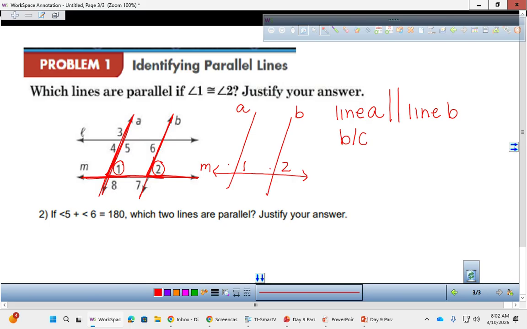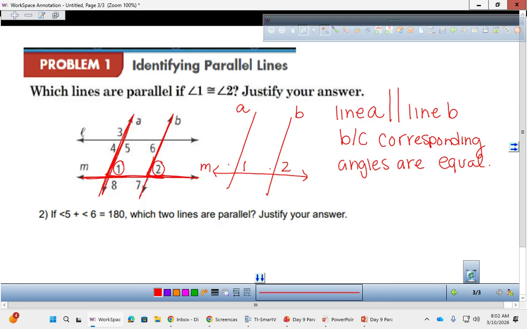What are they called? We learned 5 different angle relationships. Alternate interior, alternate exterior, same side interior, same side exterior, corresponding. These are corresponding. We will say because corresponding angles are congruent or equal.